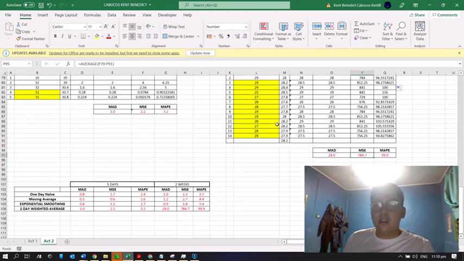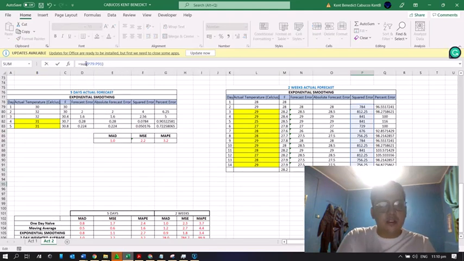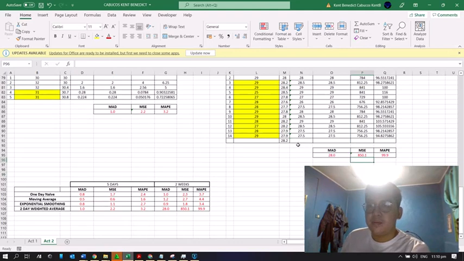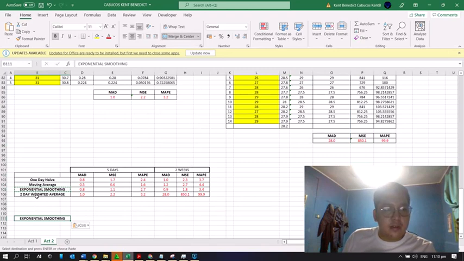How many are there? 13 minus 1, 12. Sum divided by 12. After that, this is the summary. Wait, let me change it first. I shuffled it.